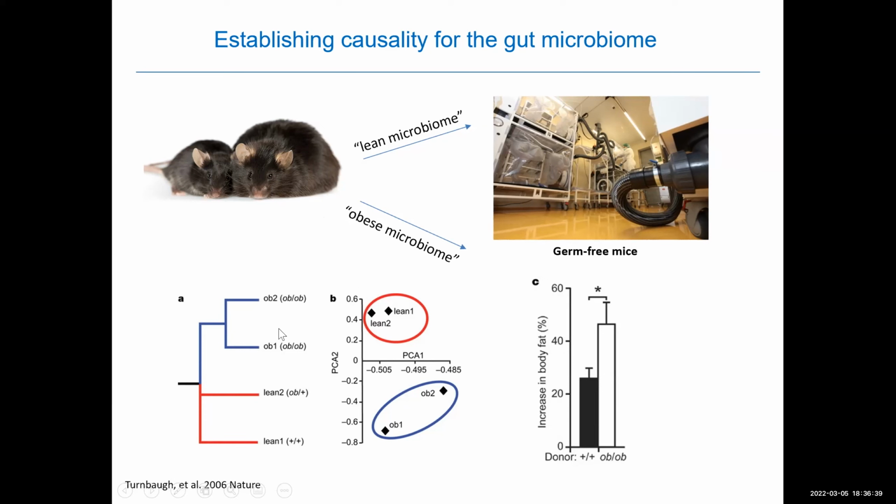And it was great what he observed: the germ-free mice which received gut microbiota from a lean mouse were also lean, and the germ-free mice which received obese microbiota became obese as well.